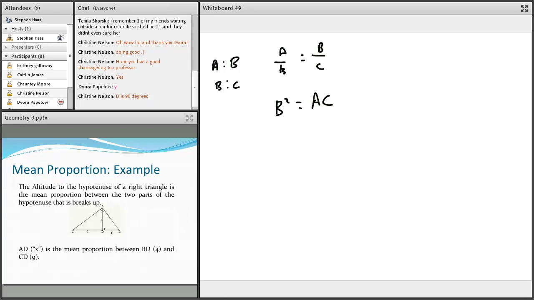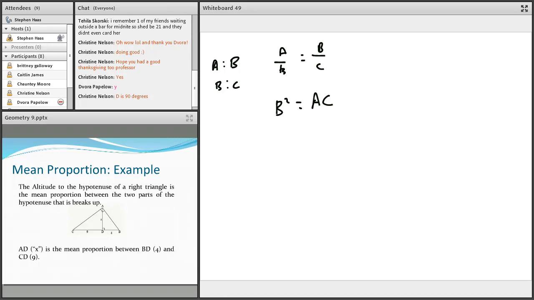ABC is the big triangle. Angle A, or CAB, is a right angle. It has that little right angle marker. X, which is AD, is an altitude of the triangle. An altitude of a triangle means a line that goes from one angle to the other side, measuring a right angle.